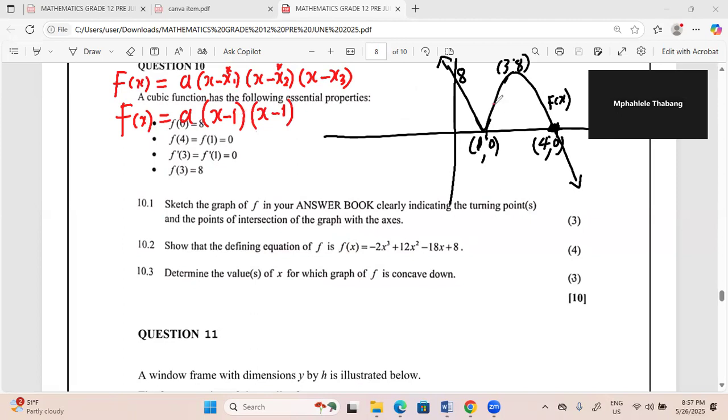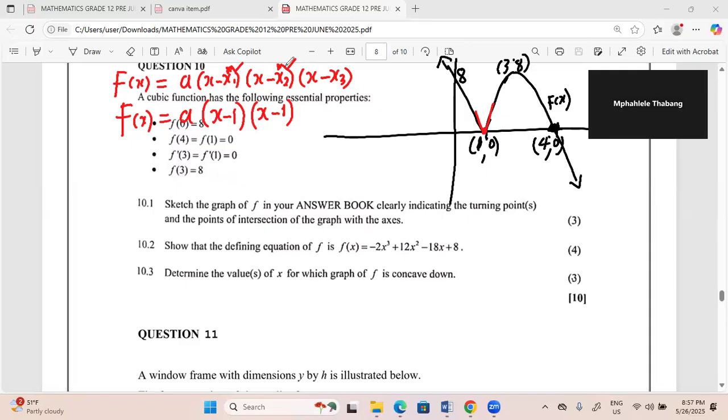You can see that my graph of f turns, the turning point is 1 and 0, and that 1 is also the x-intercept. Now you are going to use the 1 twice. You substitute it on x1 and on x2. Why? Because this x-intercept is also acting as the turning point.